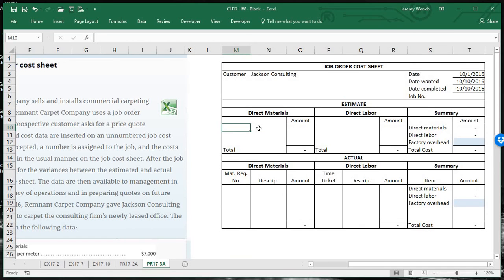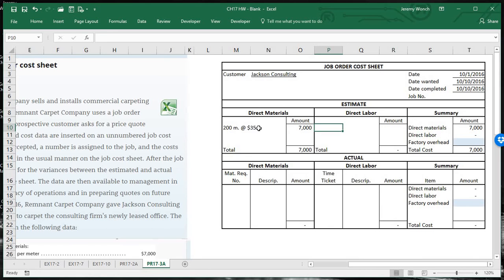So first, if we just fill out the estimate for the direct materials, it tells us that we're estimating roughly 200 meters at a cost of $35 per meter. So 200 times 35 is 7,000. So that's all the direct material we have to estimate.